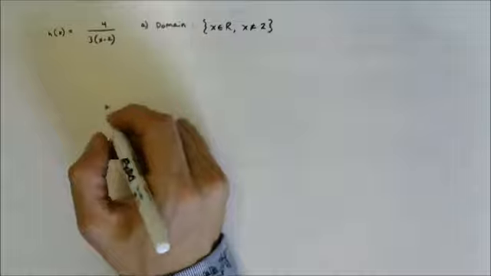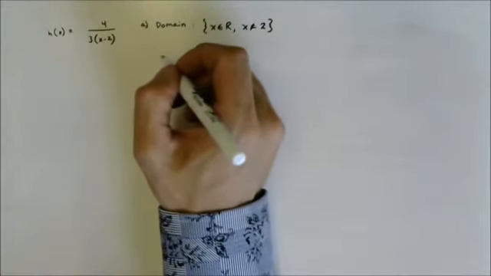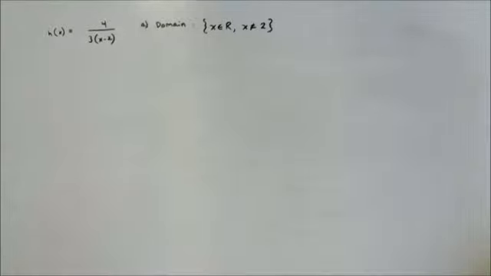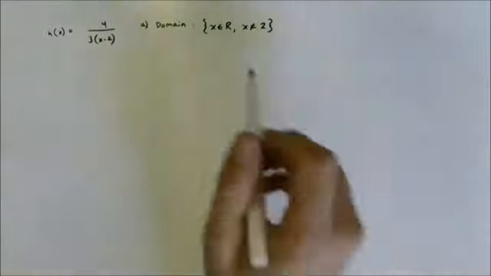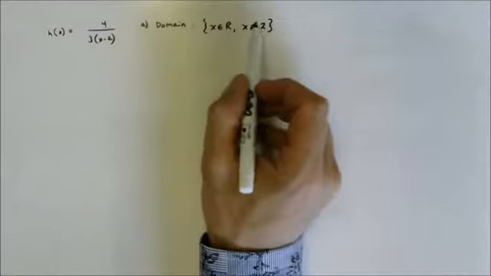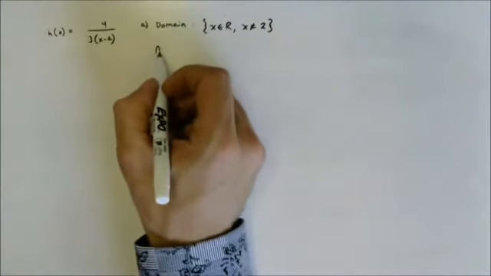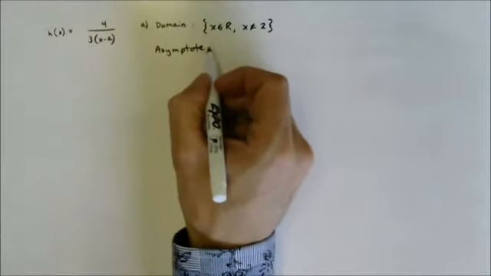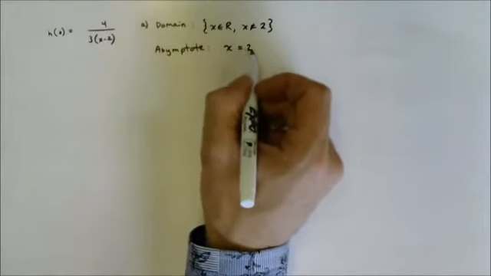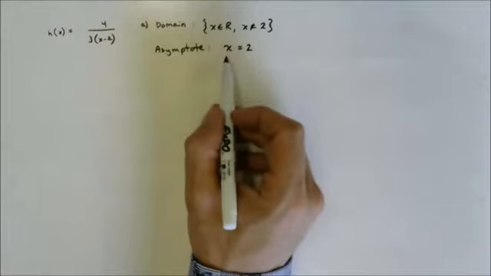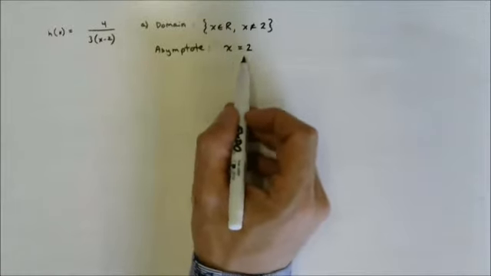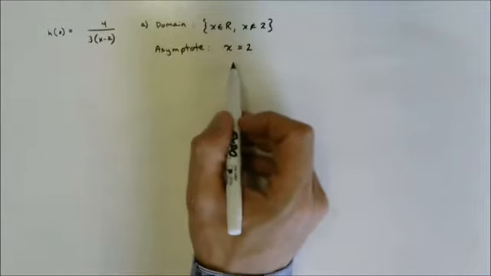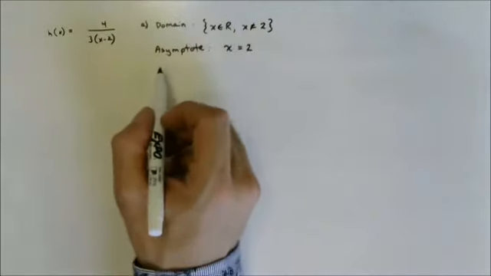Then we're looking at the end behavior near the asymptote. Well, we better find the asymptote first. If x can't be that value, then that is the asymptote. The vertical asymptote will always be the equation of a vertical line in the form x equals something. Horizontal asymptote will be in the form y equals something. Okay, so we found our asymptote.